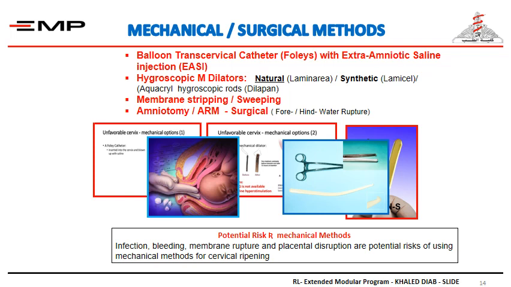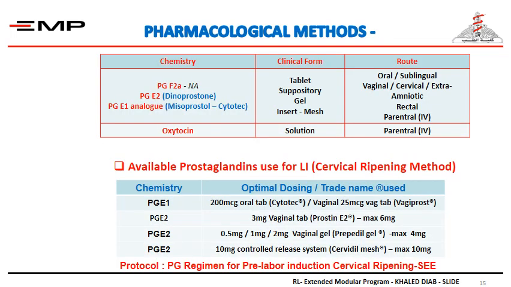The potential risks related to mechanical methods are listed in the following slides. Pharmacological methods are mainly subclassified into either prostaglandins or oxytocin.